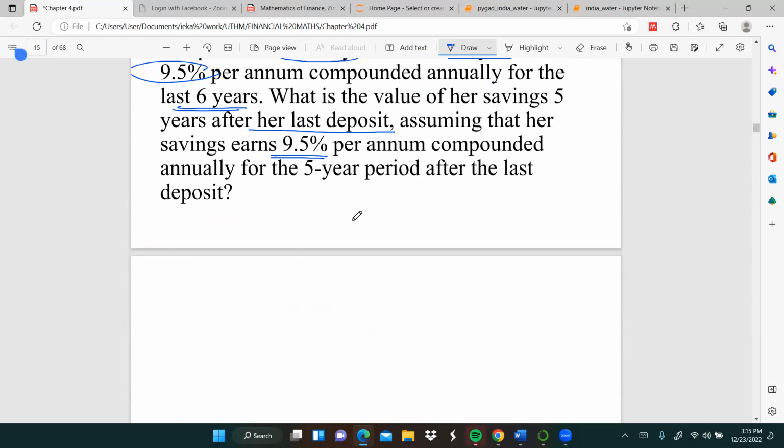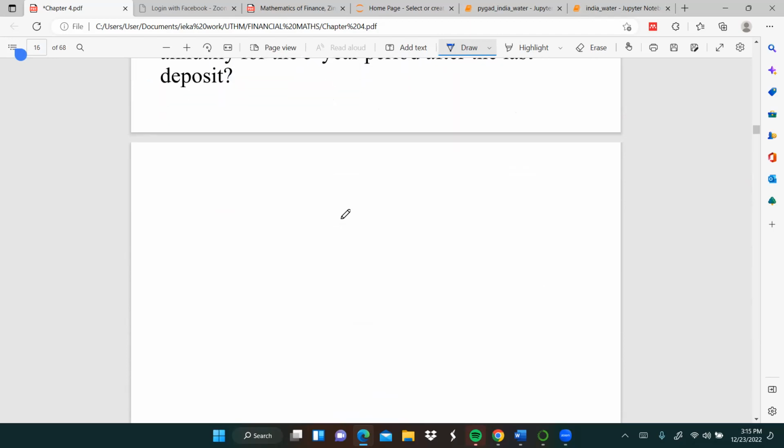So kita nak tengok 5 tahun selepas tu total duit dia jadi berapa? Okey. Untuk kes ni cara dia lain sikit.